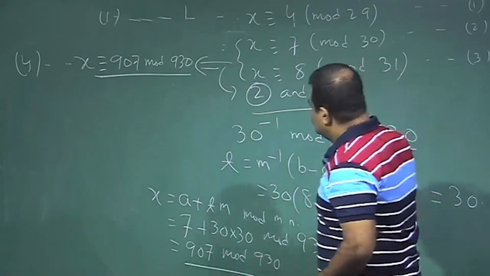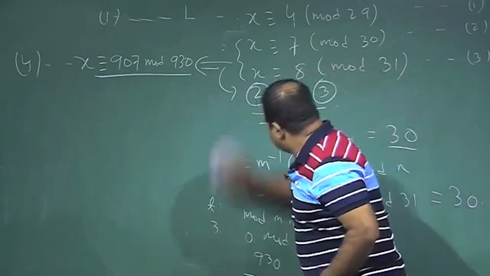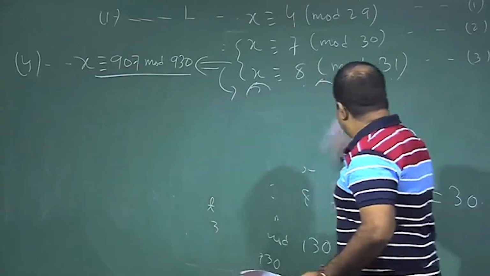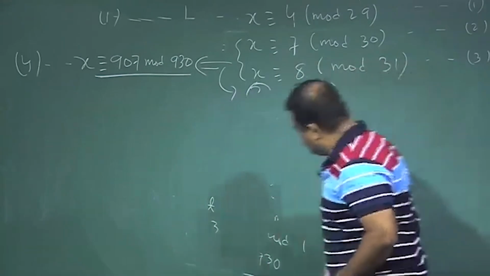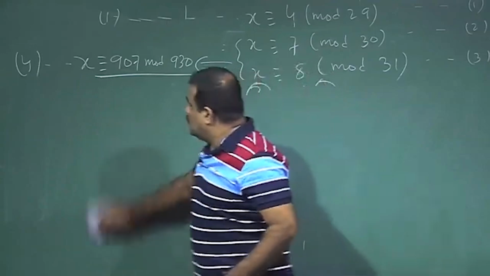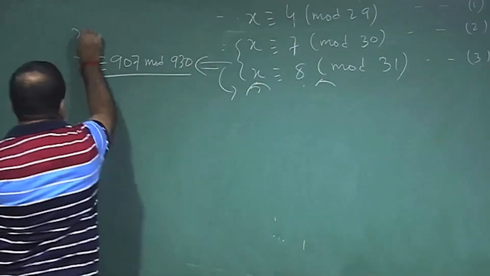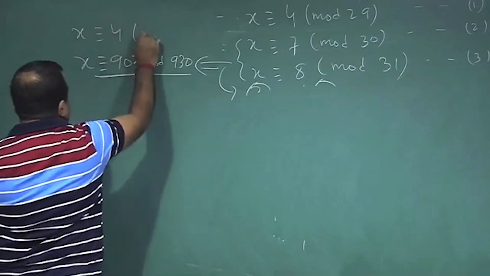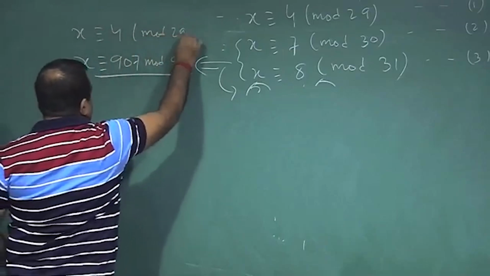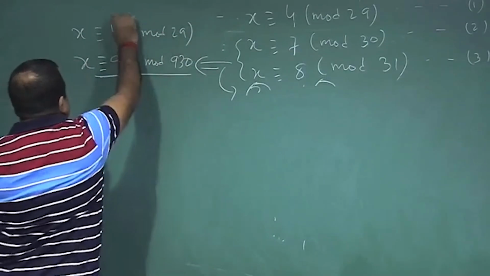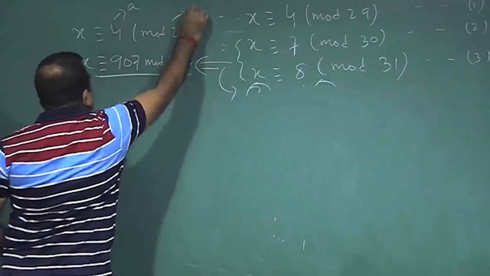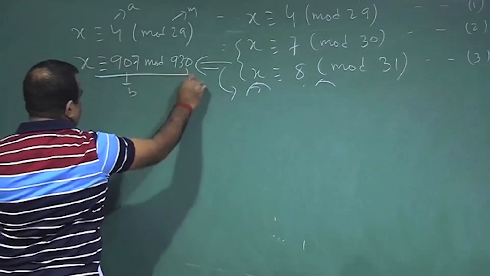So now our equation is this one, and another equation we have, the first one, x equal to 4 mod 29. So this is now a, this is m, this is now b, this is n.